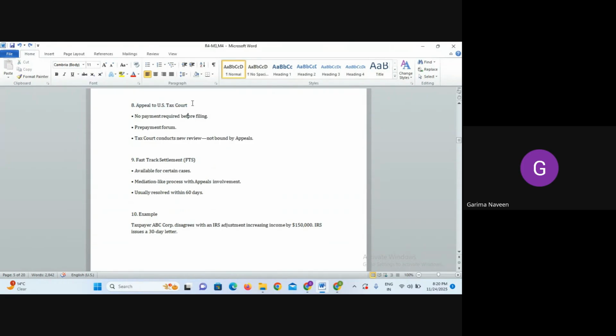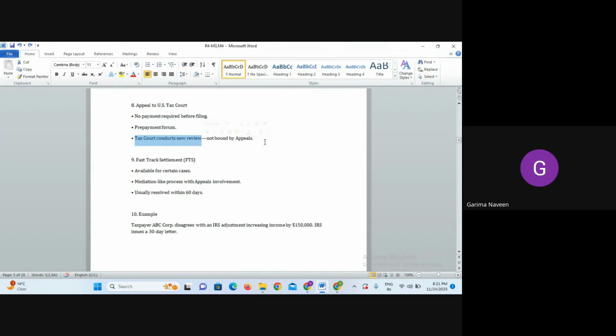So next is the appeal to the US tax court. When you are appealing to the US tax court, they do not ask for payment before filing. Basically, in the US there are different levels of court. First is the US tax court. It is a prepayment forum, and the tax court conducts a new review not bound by the appeal. So what happens in the tax court?